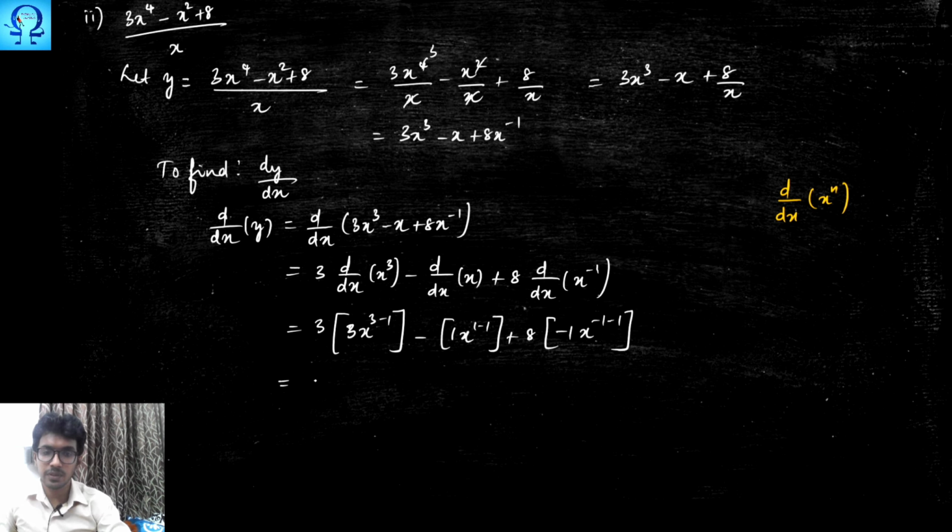So 3 times 3 is going to be 9, 9x^2, since 3 minus 1 is 2, and then 1 times x^(1-1) is x^0, which is 1, so it is simply 1. And this would be 8 times minus 1, which is minus 8x^(-2). When you rewrite it, you will get 9x squared minus 1 minus 8/x squared.